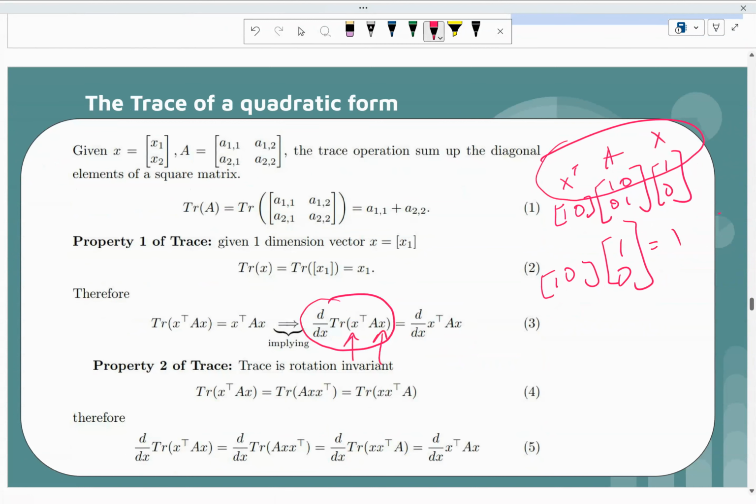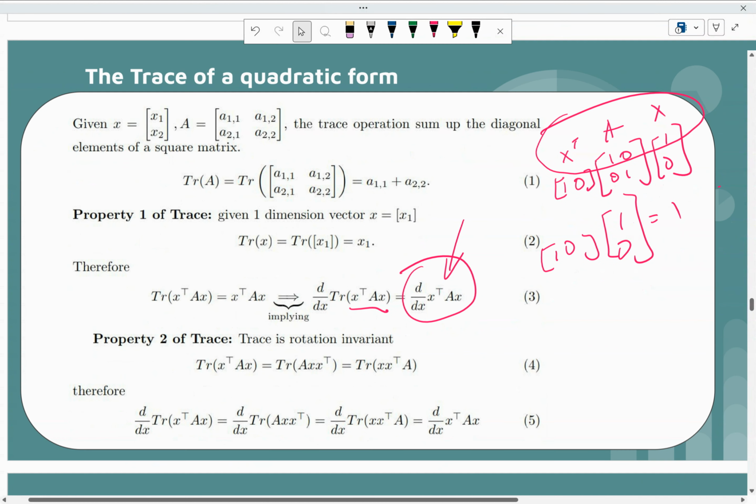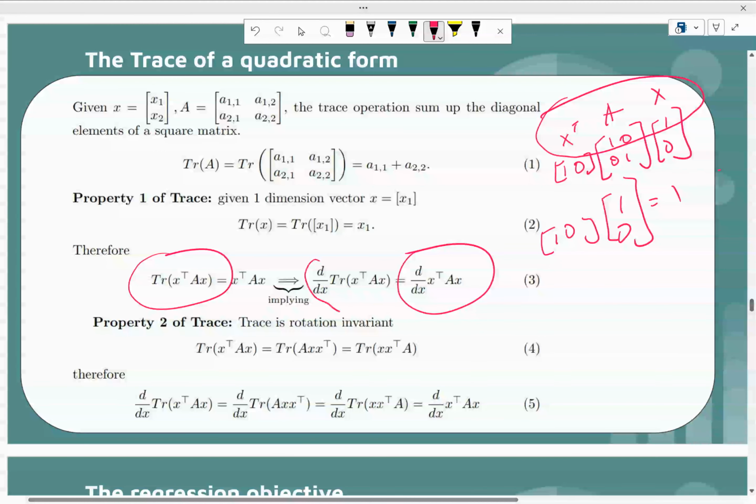There are times when x is not a vector, when you have like x A x transpose, right? So that's no longer a number. But for the case when it is just a number, then you can just take the derivative of this, and we just did this as the quadratic. Okay, so the derivative of the quadratic is the same as the derivative of the trace of the quadratic.